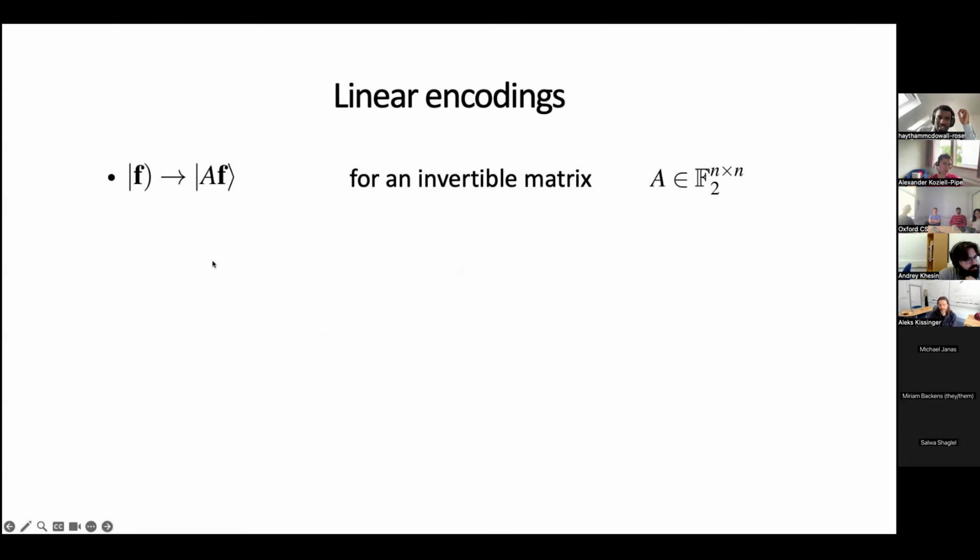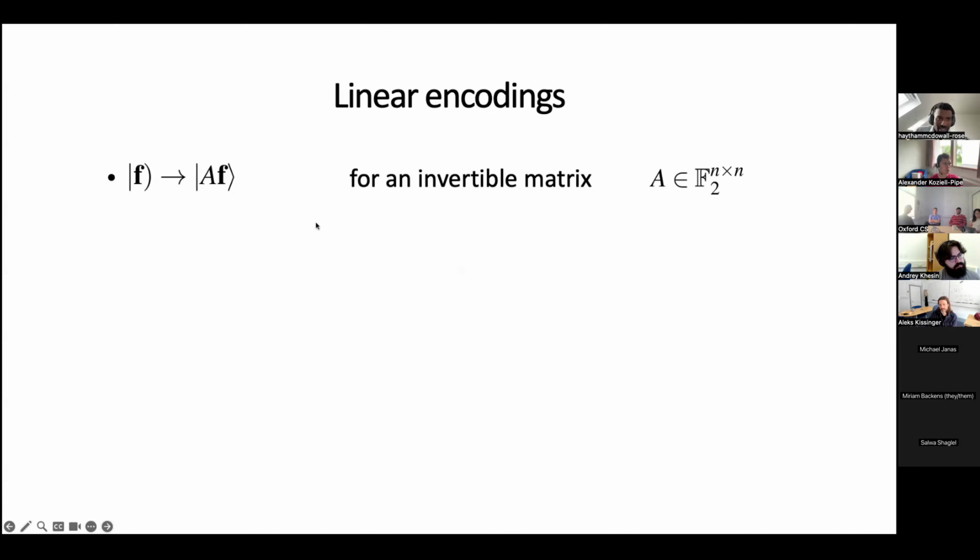I've been defining these encodings on a basis. So this is how a linear encoding acts on the basis of the Fock space. You just extend these by linearity over the complexes to define the whole mapping. I've been doing that implicitly this whole time.